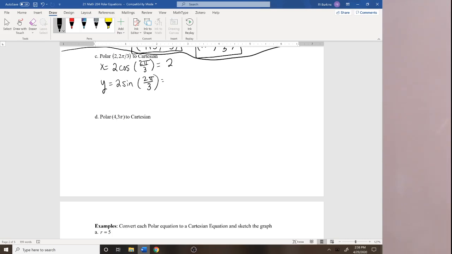So this is 2 times negative 1/2, or negative 1, and this one is 2 times square root of 3 over 2. So you just get square root 3 out of that.